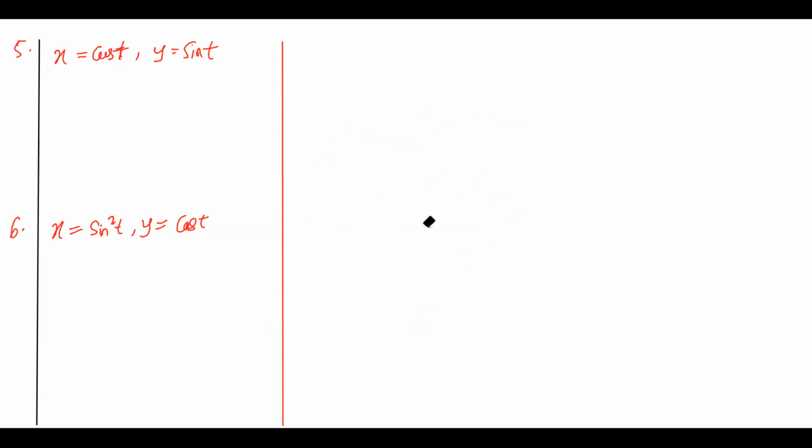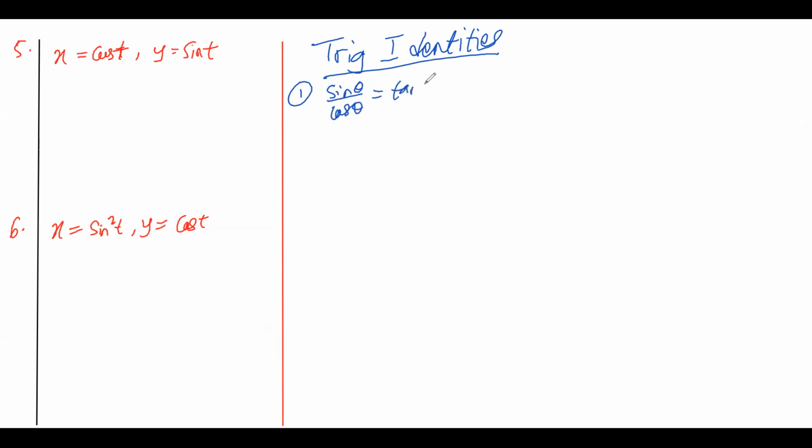So from that, please take note of this, put it aside somewhere: trig identities. The useful ones for now: sine theta divided by cos theta is equal to tan theta.